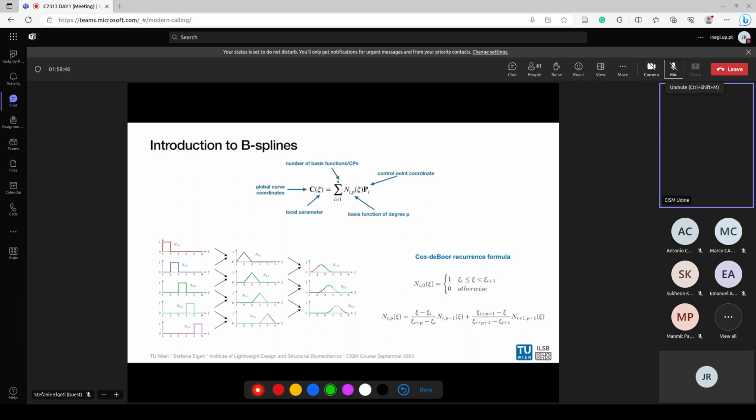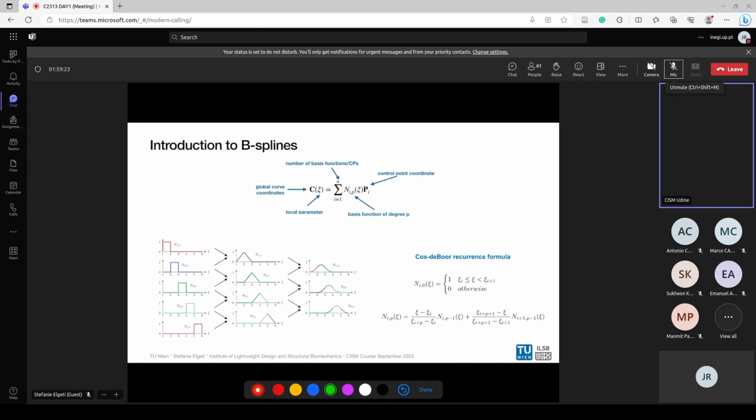These knots tell us where a constant basis function starts and ends, in the sense where it takes on the value of 1 and everywhere else it's 0. So the first basis function takes on the value of 1 between the first two knot values, so between 1 and 2, and this is called a knot span. Now the second basis function is 1 between 2 and 3 and 0 everywhere else. So we go on like this. And then we take two of the constant basis functions and we combine them to a linear basis function.